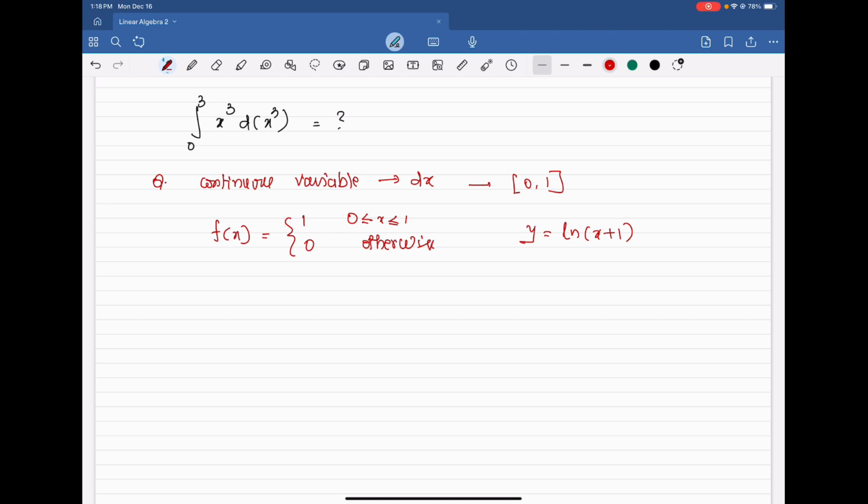What will be the expected value? Expected value in probability is an integral whose limits may vary from minus infinity to plus infinity.